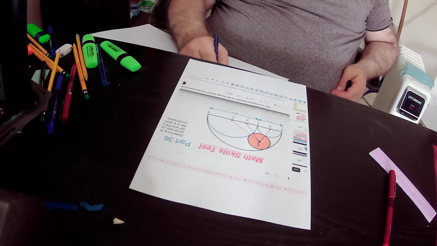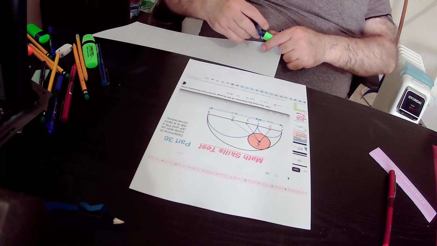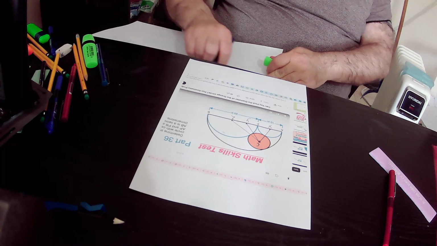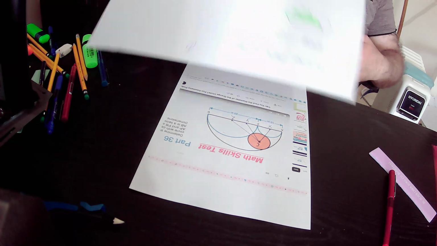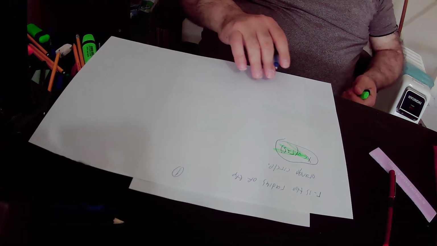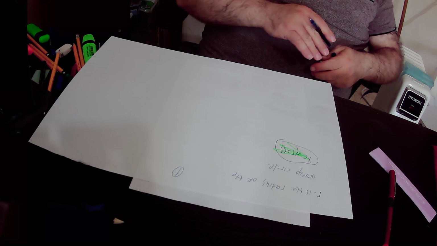So, in conclusion, we found out that the length of line segment XC equals R plus 5.